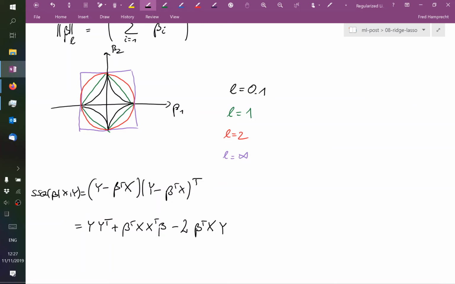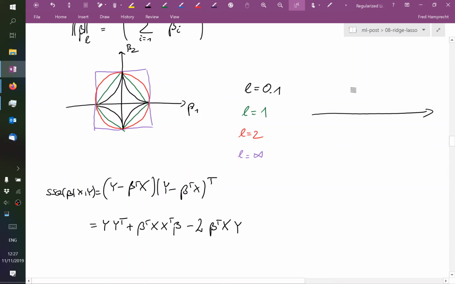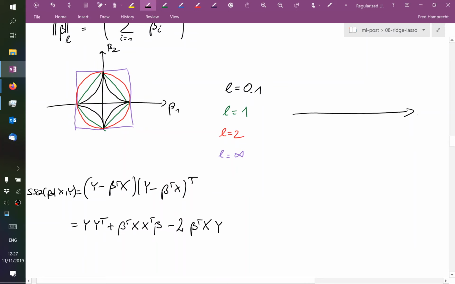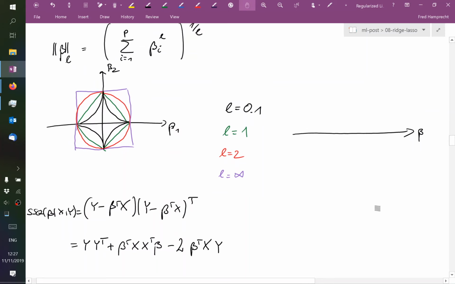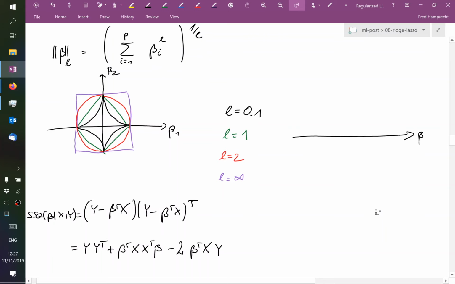Let me try and make similar plots here in one dimension. That doesn't work. So either you have a very good geometric intuition, or you have to take my word for it that L equals 1 is the watershed.